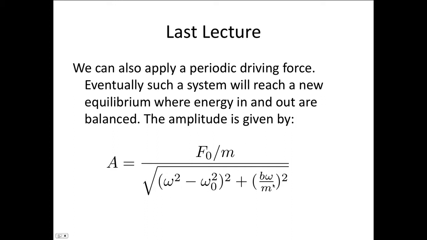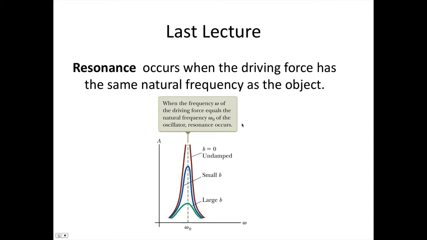And if there's very little damping and the driving force is very similar to the natural frequency, the frequency at which the system likes to vibrate, then the amplitude of the oscillations can be very large, and this is called resonance. So this graph just shows this relationship. It shows how the amplitude changes as we change the frequency of the driving force. When the frequency is the same as the natural frequency, then the amplitude is at its highest.